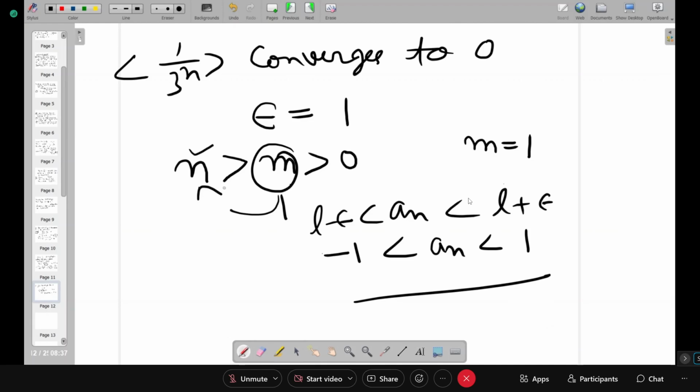So for n greater than 1, means for n equal to 2, 3, 4, 5, the value of the sequence always lies in this interval. Now tell me what the doubt is. No, sir. Understood. Okay.